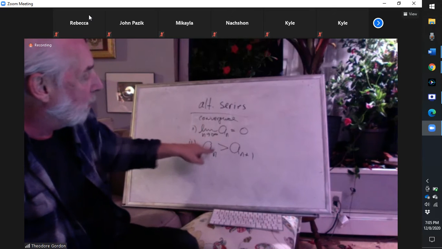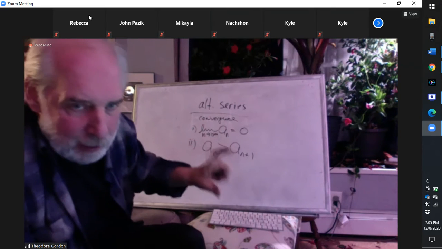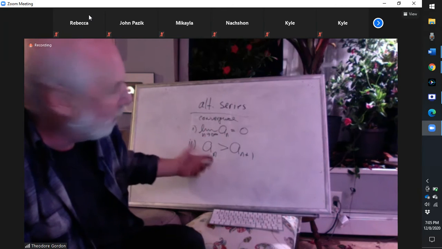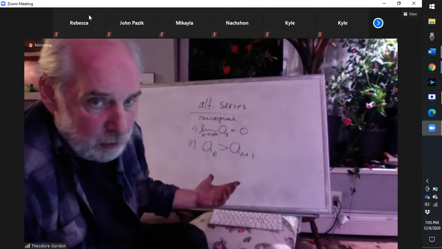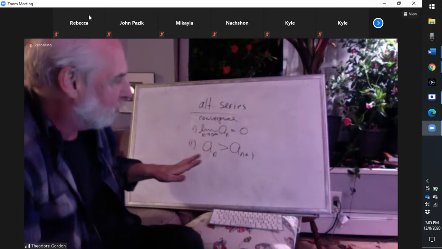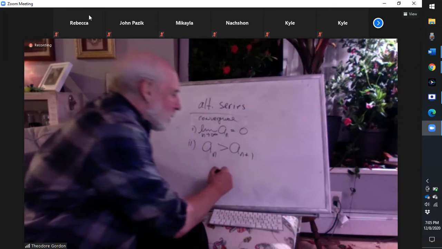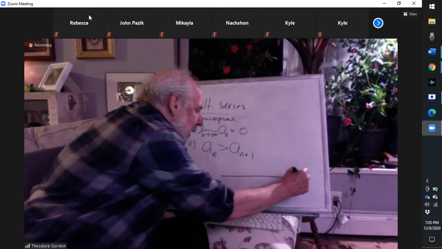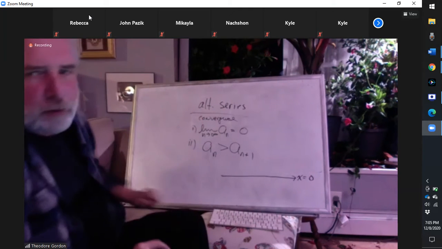So why do the terms have to keep getting smaller? And the word is eventually. Maybe they get bigger for the first 100 million terms, but eventually they have to keep getting smaller. So John, I'm going to draw you a picture. Here's the x-axis. X is equal to 0.